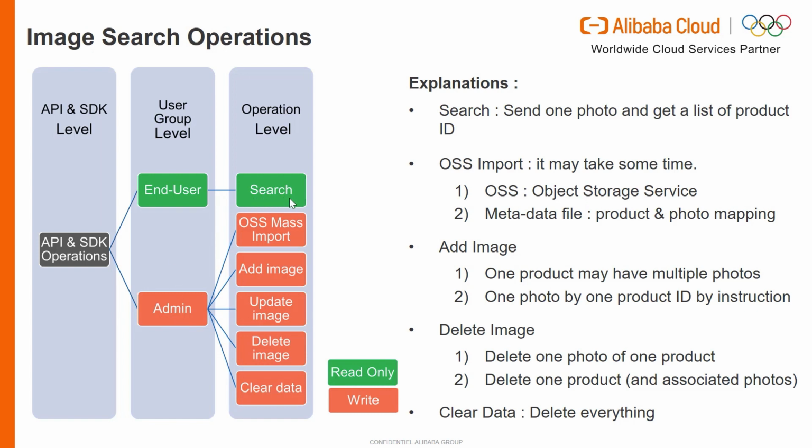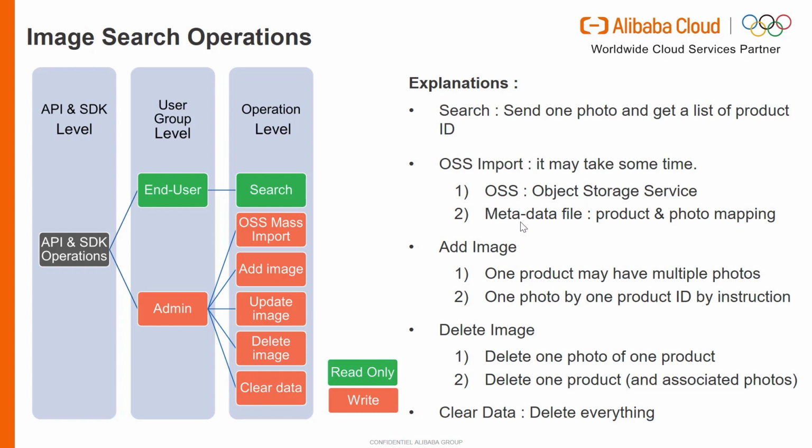The search operation allows you to send one photo and get a list of product IDs back. The OSS massive import means you can get an object storage service from the Alibaba Cloud side. You can activate this storage service and open a storage area on the Alibaba Cloud side, then upload millions of photos into this area.